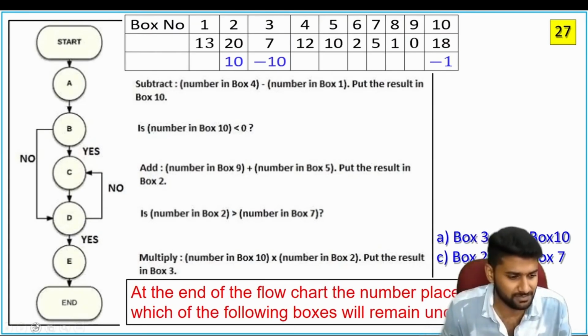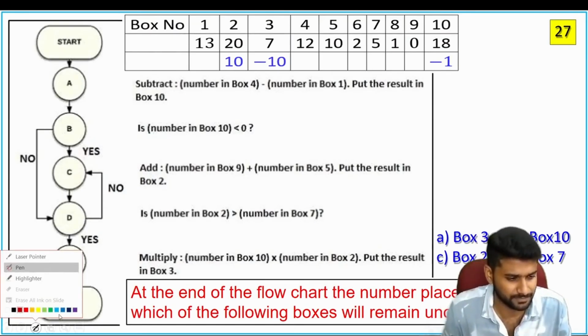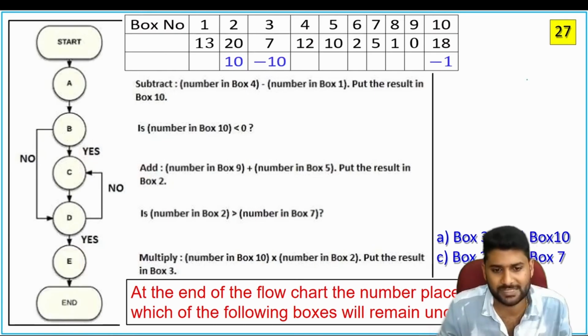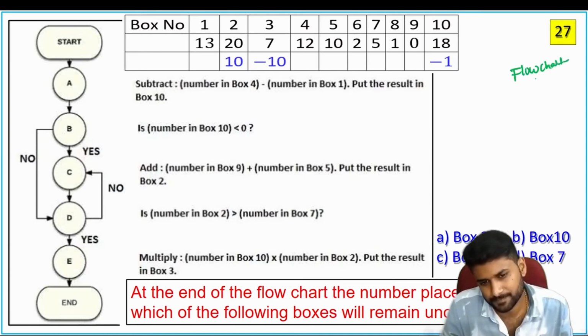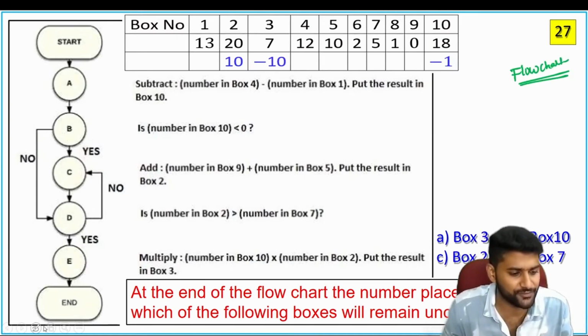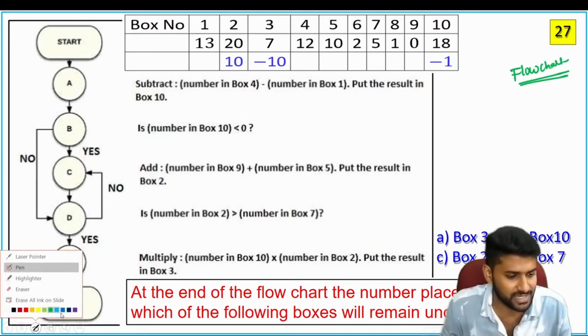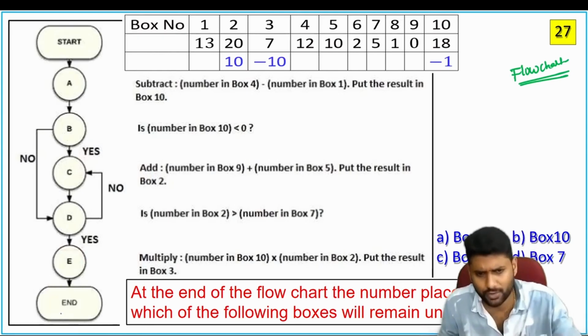Now see the next question here. You can expect either 1 to 2 questions from the flowchart concept, guys. We already discussed a few questions in our earlier videos. Just go through those videos, then you will be able to solve these kinds of questions also.